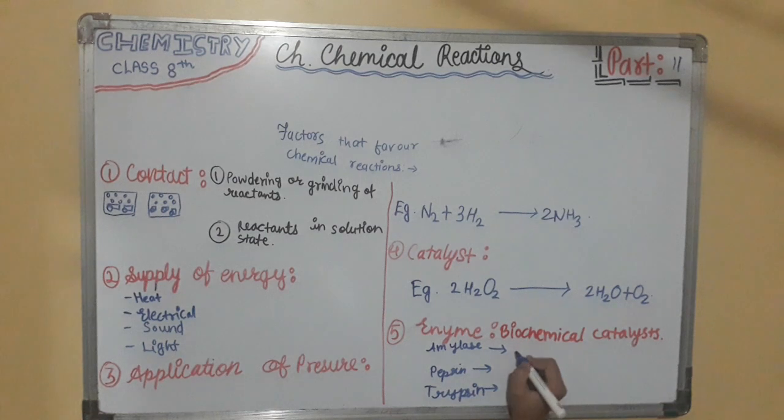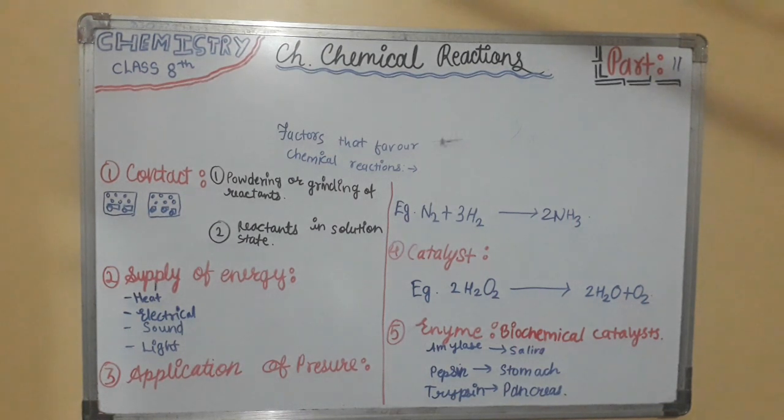Amylase production is in saliva. Pepsin production is in the stomach, and trypsin production is in the pancreas. Amylase, in saliva, helps in the decomposition of starch into sugar.